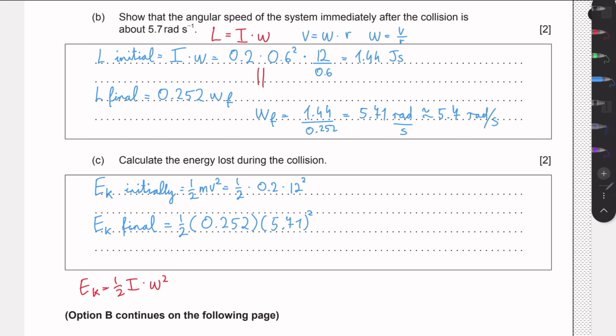And if we do this E kinetic initial minus E kinetic final, then that will be our loss. So that's our lost energy, and this is going to be just 10.3 joules. So this is how much energy that we lost due to the collision.